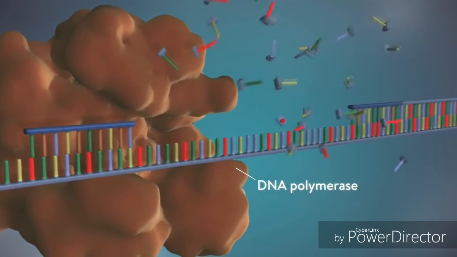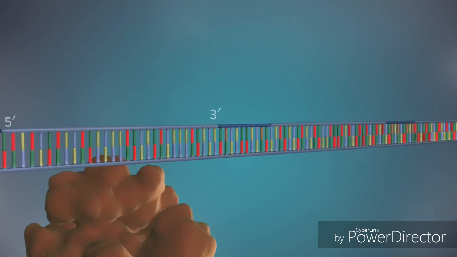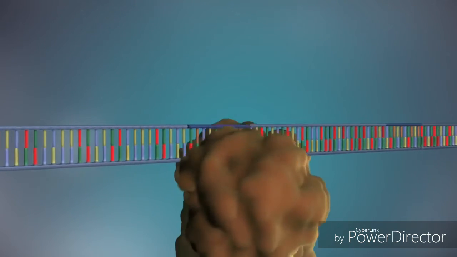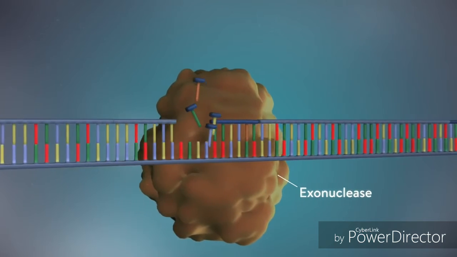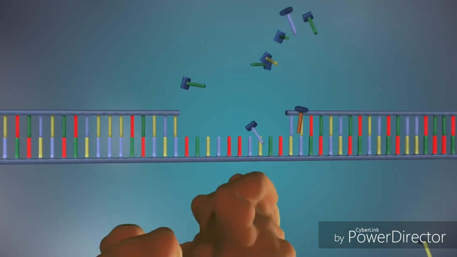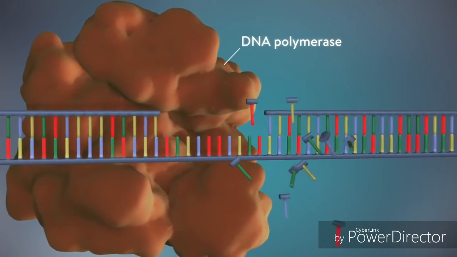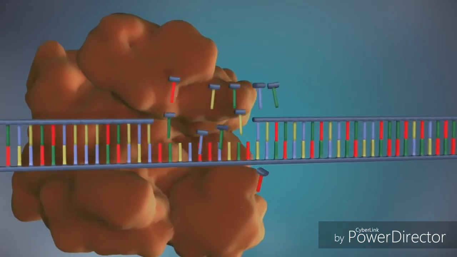Another Okazaki fragment is then made, and the process is repeated again. Once the new DNA has been made, the enzyme exonuclease removes all the RNA primers from both strands of DNA. Another DNA polymerase enzyme then fills in the gaps that are left behind with DNA.